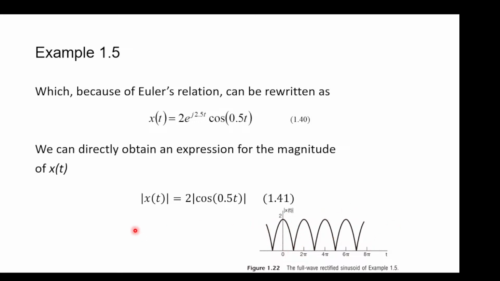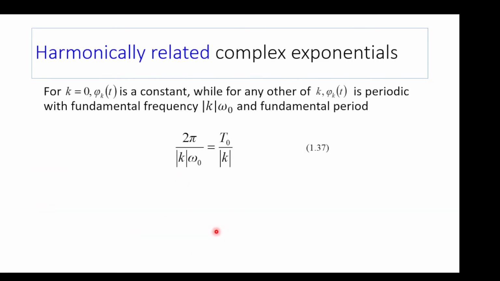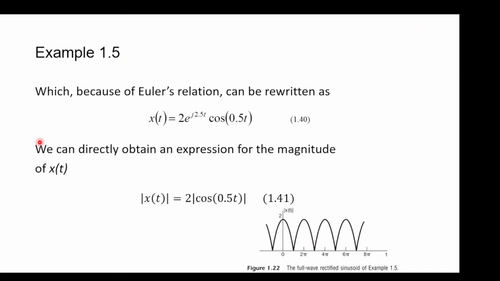Here is some mathematical manipulation you can use to see this signal a little better. This signal is kind of like a cosine part, but with a complex rotating amplitude.